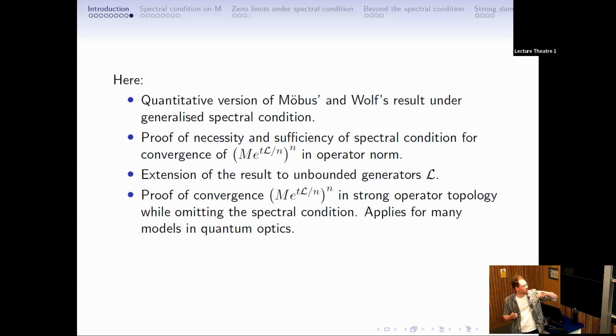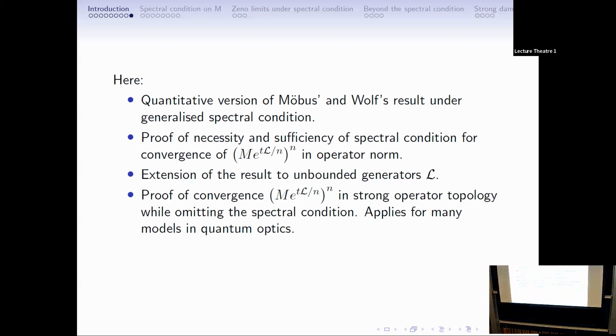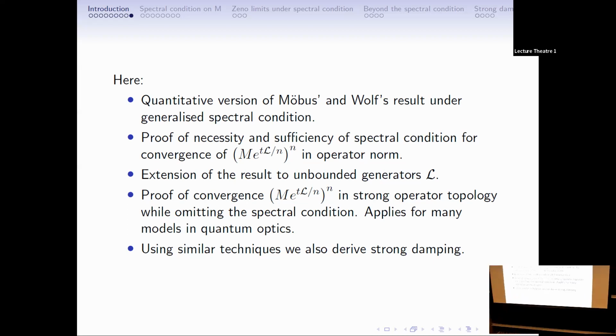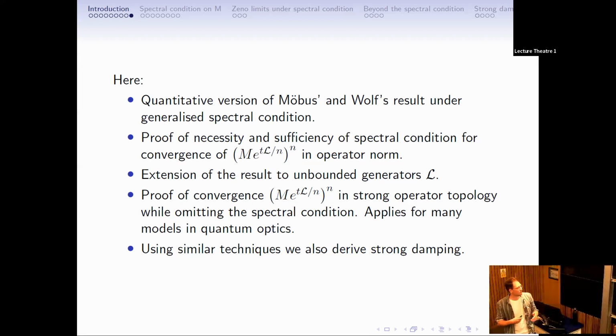I will talk about an example there, which might be interesting to you. And as the very end of the talk, I will show how the result of the fourth point here can be applied to derive a result not about the Zeno product, but about a so-called strong damping effect. But I will introduce this later.